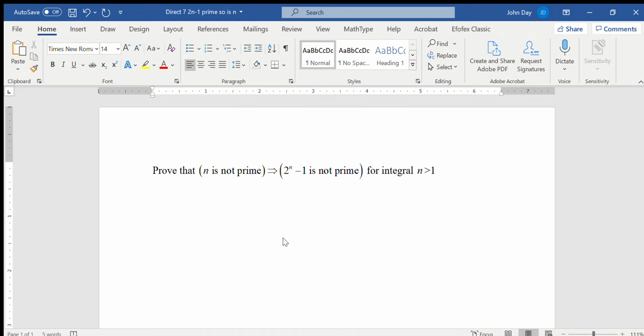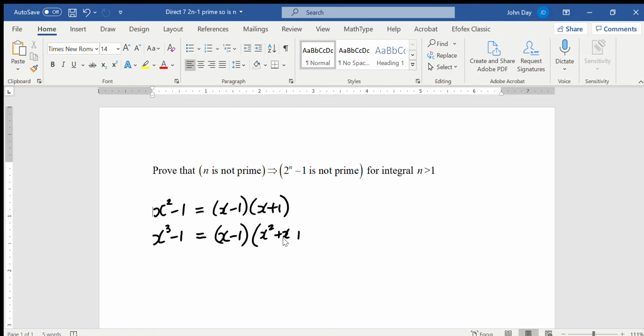Now, if you have something like x squared minus 1, that's equal to (x minus 1)(x plus 1). We're aware of that one. What if it was x cubed minus 1? Well, there's an identity that says that will be (x minus 1)(x squared plus x plus 1).